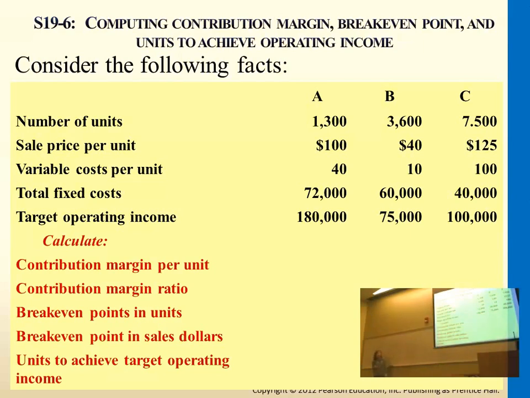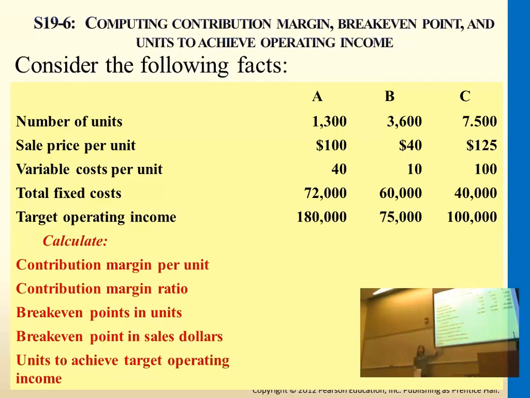For the last one, remember that upper portion was break-even units, setting the operating income at 0. For target operating income, the units we need to achieve $180,000 will again use the ratios: the fixed costs we need to cover, but now we're adding the target operating income instead of 0. All together divided by 60, because now we're trying to get the units.